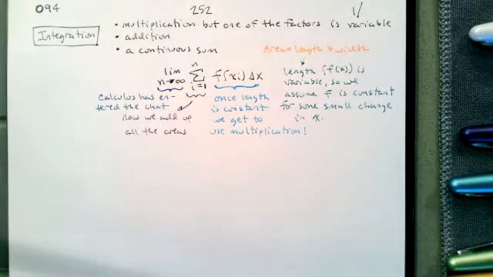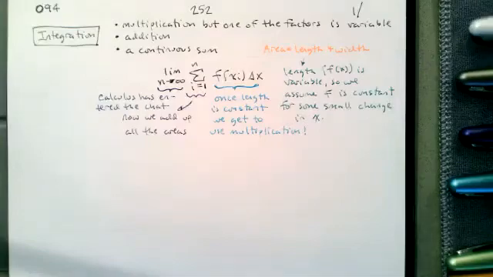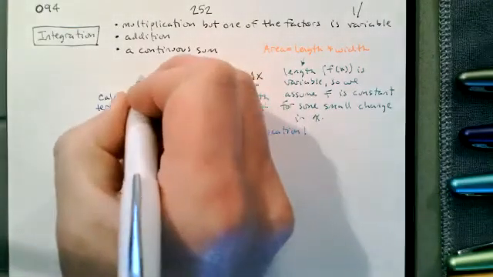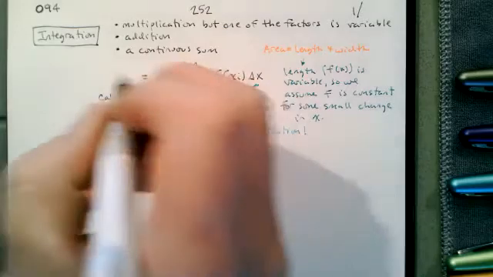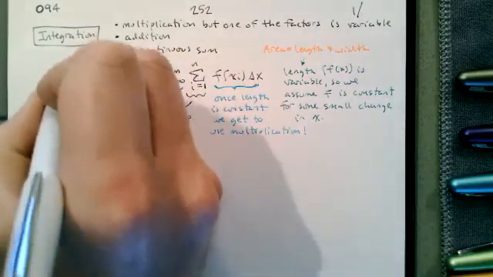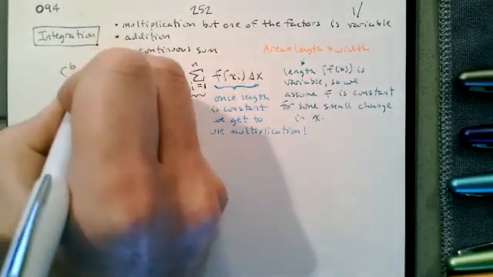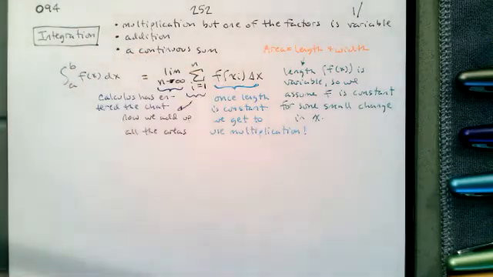And now we're doing calculus. Then the big conclusion is that we start writing the integral from a to b of f of x dx. That's our continuous sum. And the amazing bit is that we can find an antiderivative and plug in the endpoints.